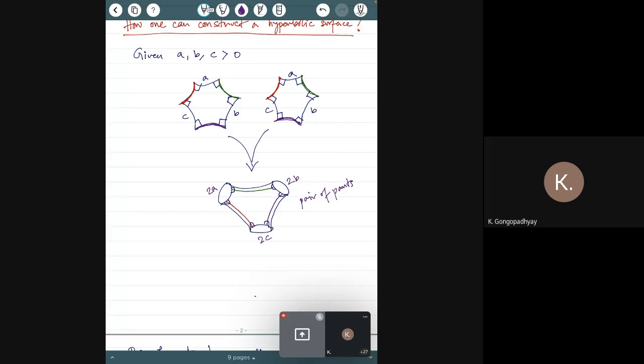So there is a unique hyperbolic structure. So when you change the length, your underlying hexagon changes, and hence the hyperbolic structure also changes. So probably this is what Neeraj was trying to say.